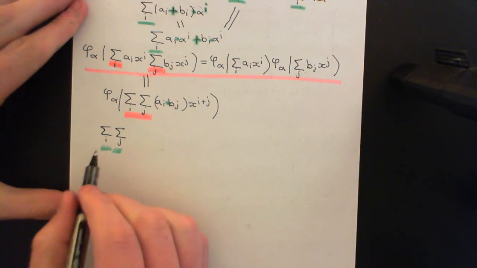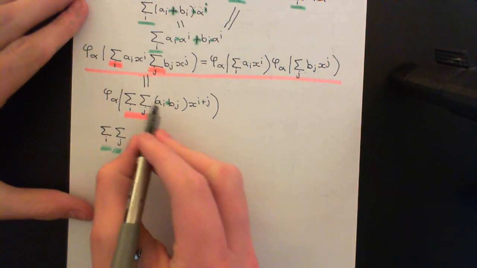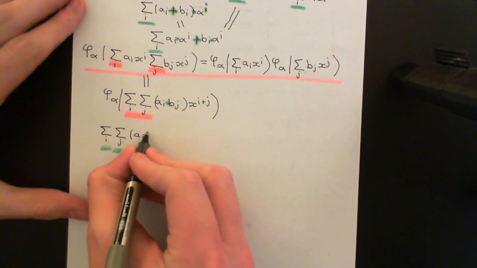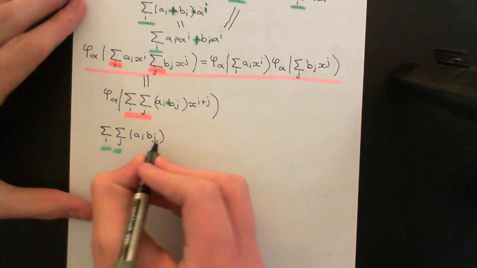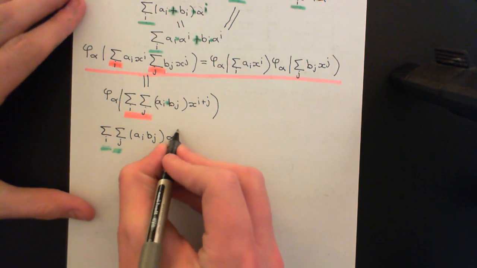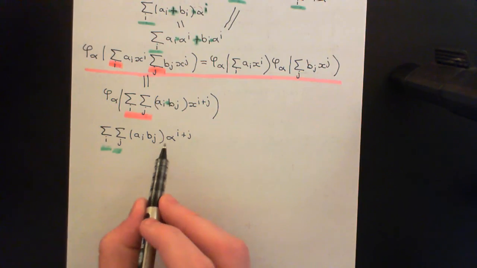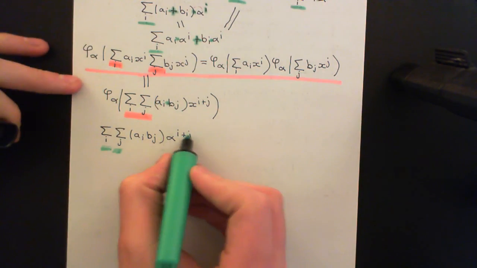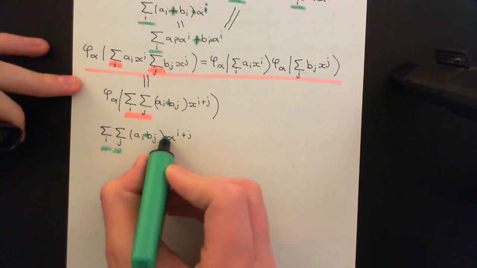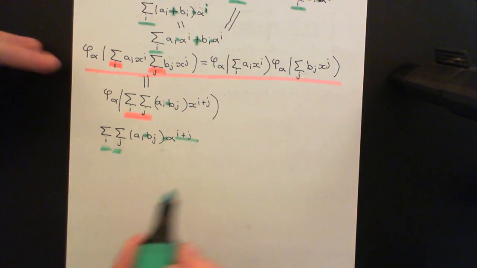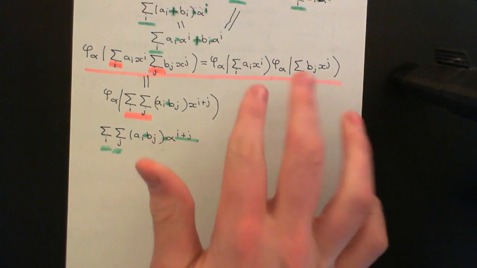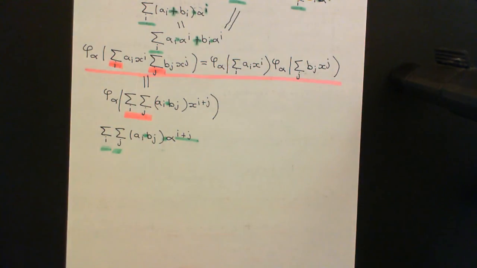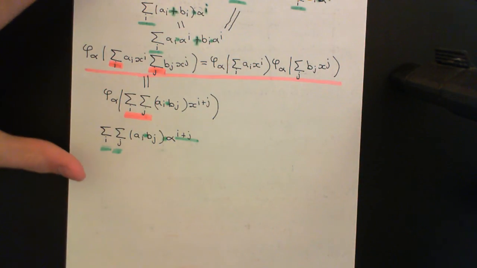So this will become the sum over i, the sum over j of phi sub alpha of these monomials, and of course those monomials will just be a_i times b_j multiplied together in the ring, and then we'll have alpha to the i plus j, where now this multiplication means something in the ring, and raising to the power of i plus j means something in the ring here. Okay, but of course that's exactly what you would have got if you went to the right-hand side here and worked out what the right-hand side would be equal to.